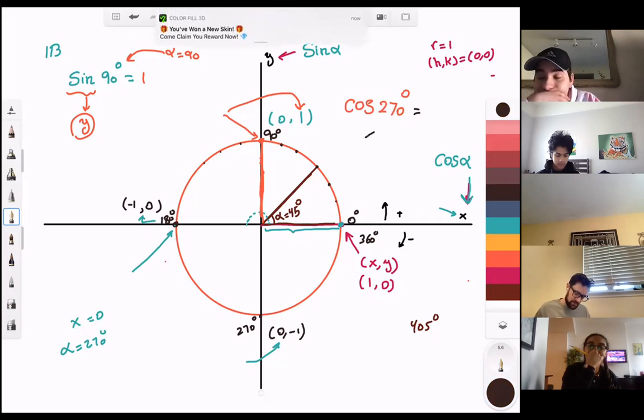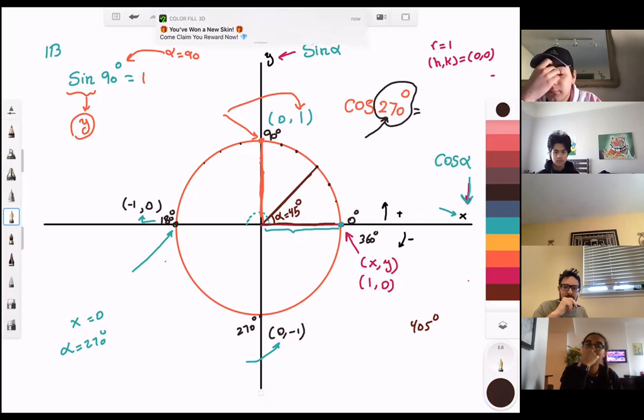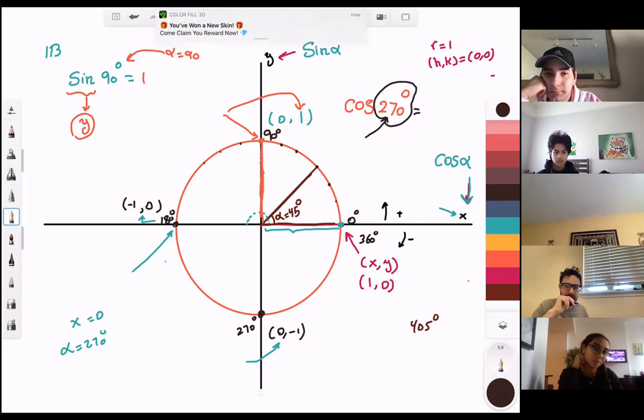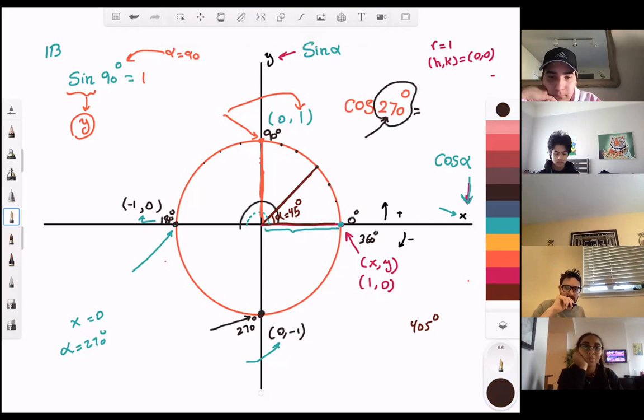Look at this 270, correct? You need to visualize this. 270 is right here. From here all the way here is 270. The circle crosses the y-axis at this point. So 0 and -1 is x comma y at 270.